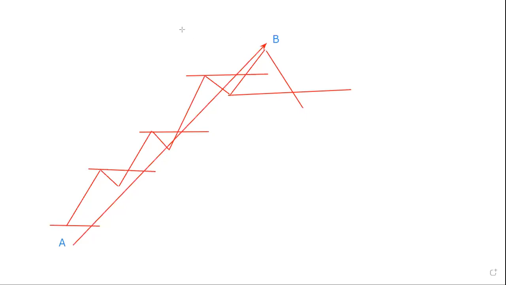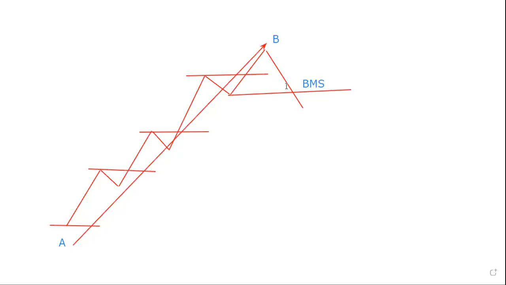Now, on this area, we cannot just jump in to sell here because the higher low is broken. What happened here is called a break in market structure. So when the market breaks the higher low, it is called a break in market structure, BMS.